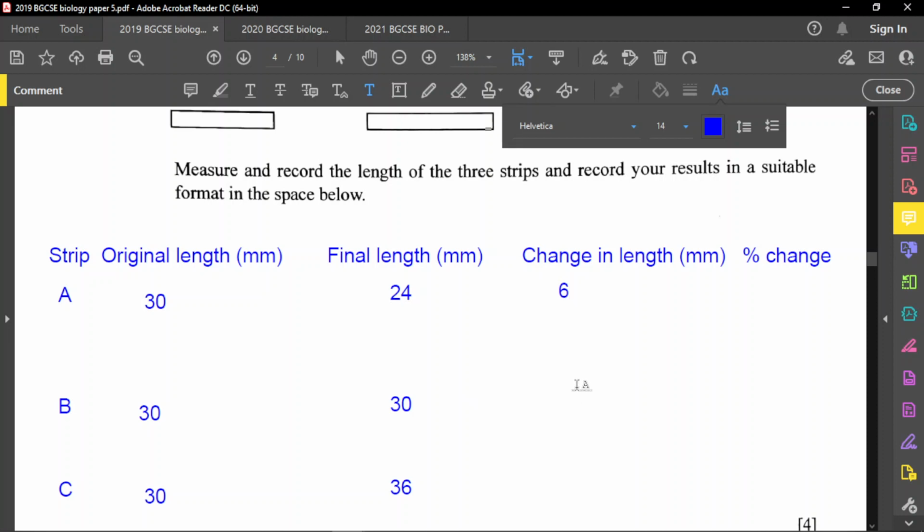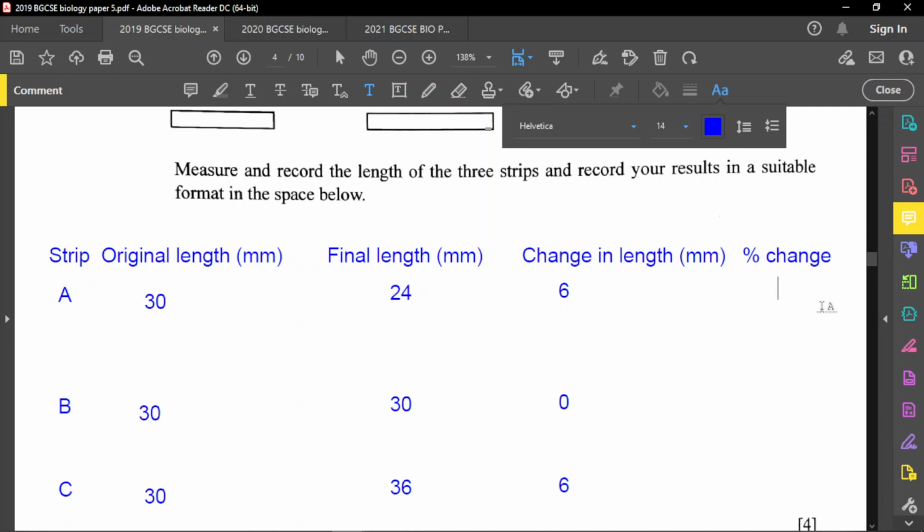The change in strip B is going to be 0, and the change in C is going to be 6. This one is a positive 6, meaning increasing. So -6 means decreasing, and +6 means increasing. You can put a negative sign in if you want, you don't have to. You can also make a key below the chart that negative means decrease and so on.